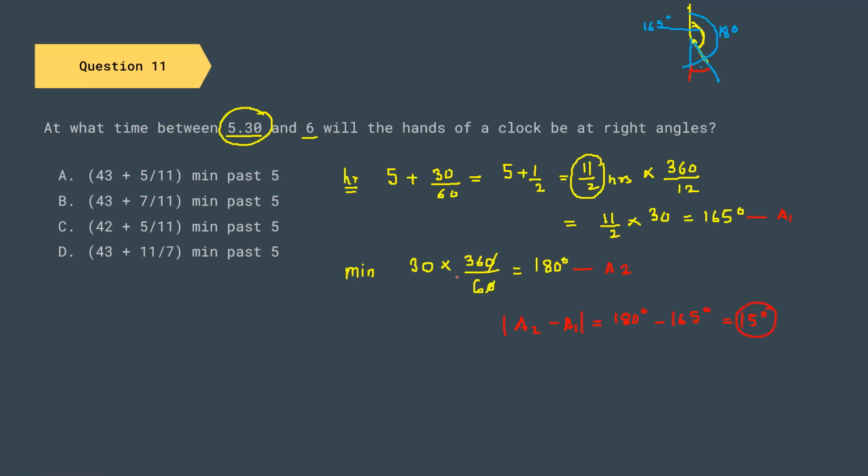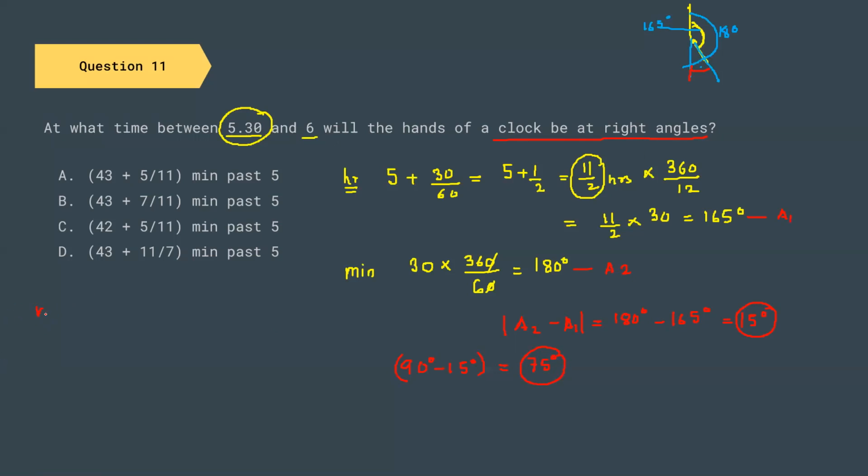Fine. And we have to find the time at which the clock hands will be at right angles. We are currently at 15 degrees and we want to go to 90 degrees. So 90 minus 15 means we are left with 75 degrees. We have yet to inscribe a 75 degree angle. Now let us think.